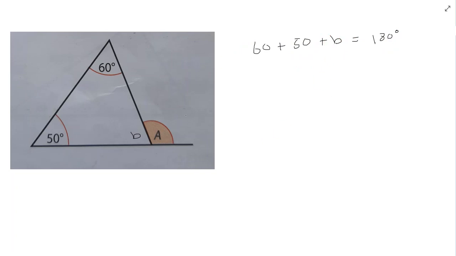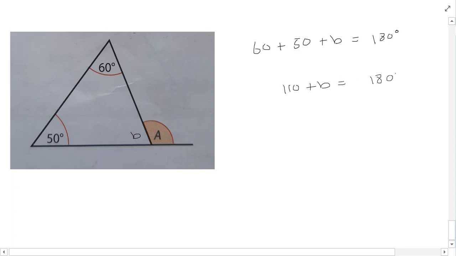So 60 plus 50 is 110. 110 plus B is equal to 180 degrees. Now we want to get rid of this 110 here. Remember, this is plus 110, so in order to get rid of it, I have to minus 110.